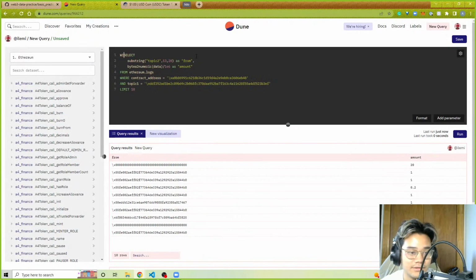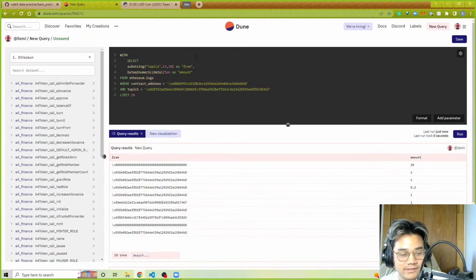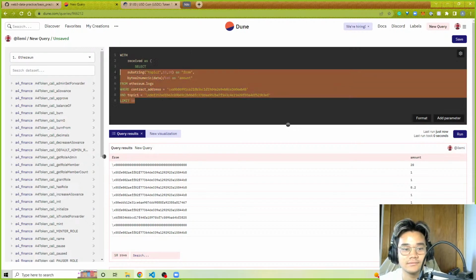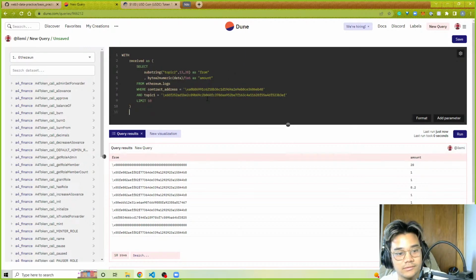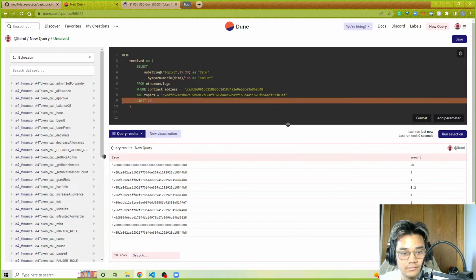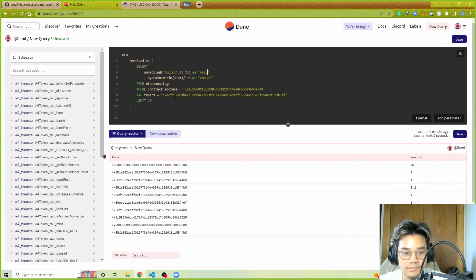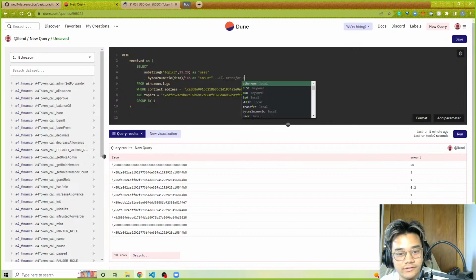So I usually do this with CTEs for balances. So let's do received as, group by 1. So this is all transfer events received.